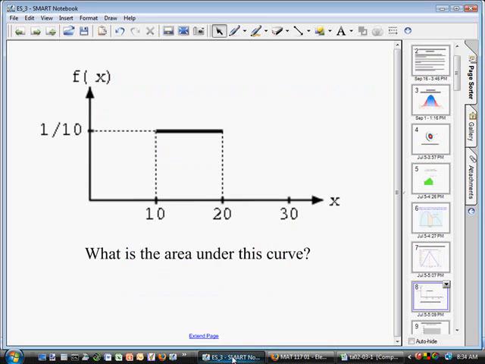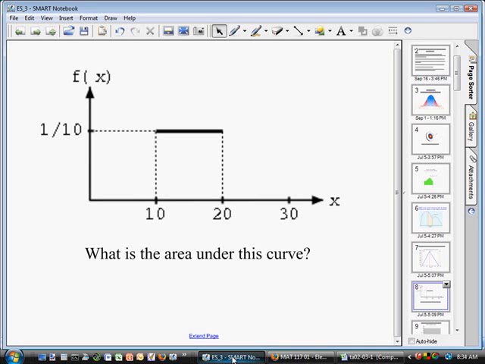Okay, here is a curve. I know it doesn't look very curved, but it is. What's the area under here? Well, length times width, right? The width, I guess you could say, is 10 units.